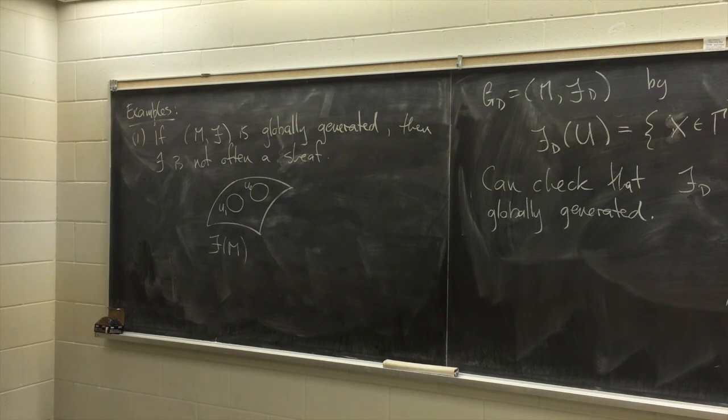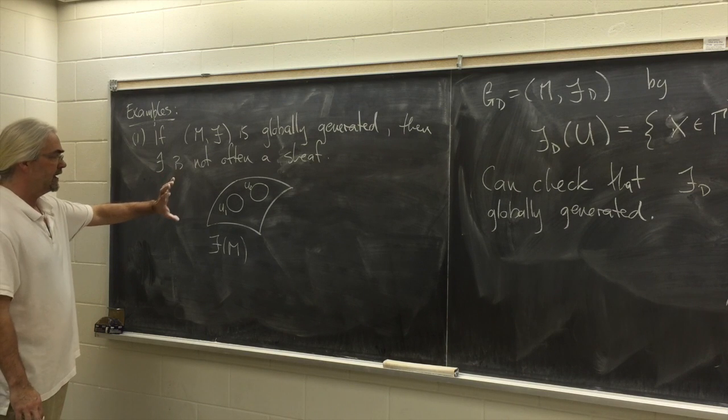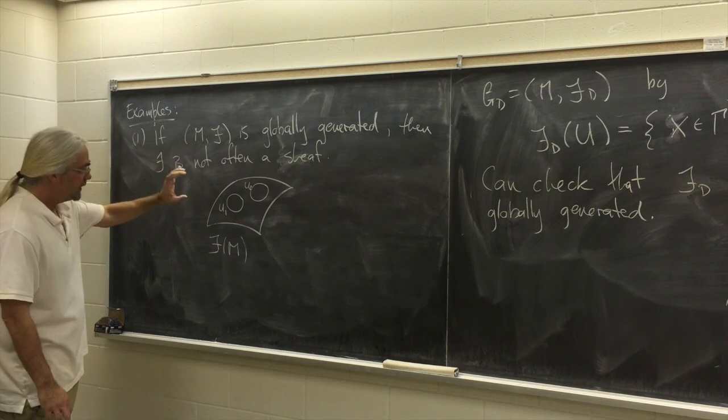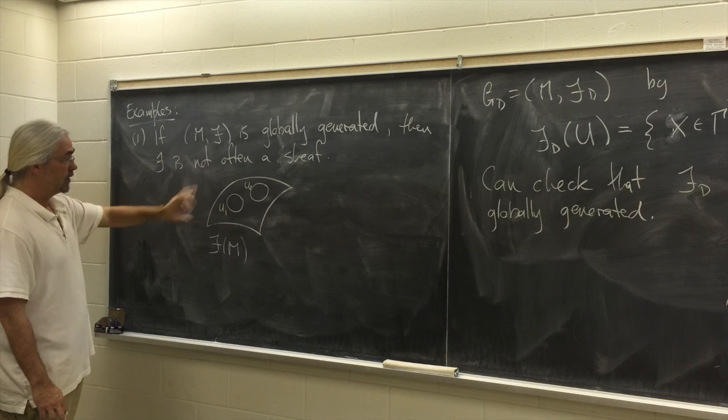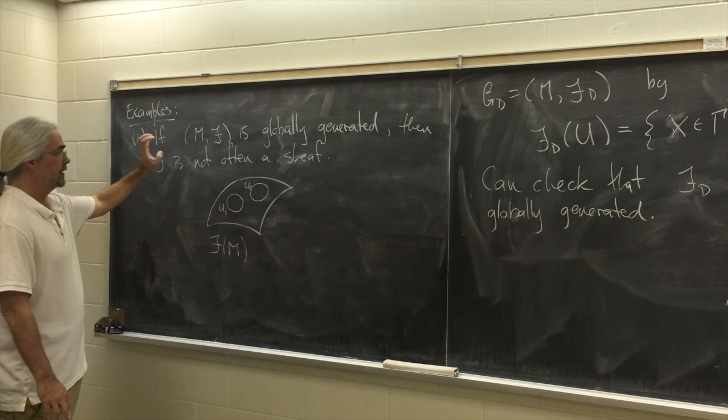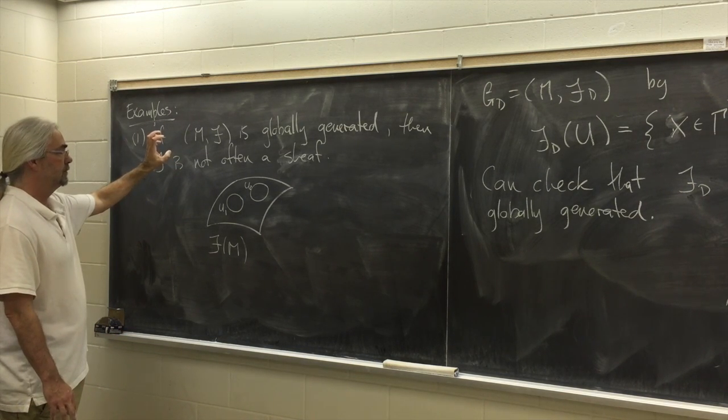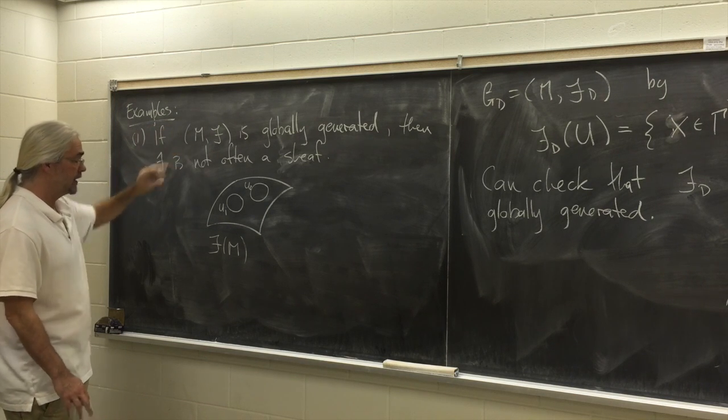So I need to tell you what these vector fields are. They're going to be constructed in a slightly funny way here, but nevertheless this illustrates one of the reasons why globally generated presheaves are not sheaves.